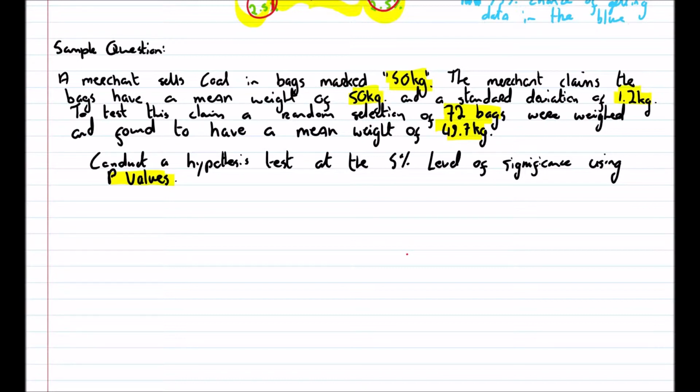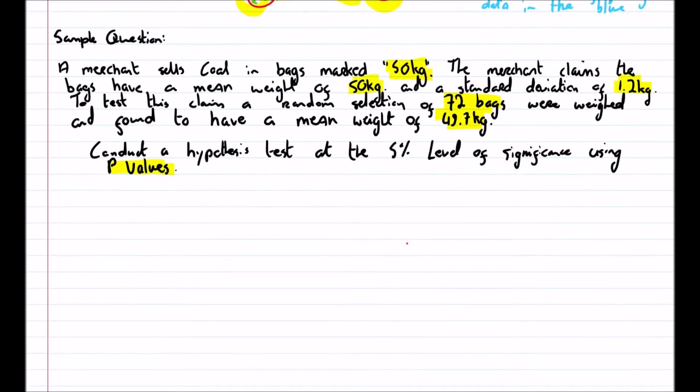Okay, well the first thing we have to look at is, is this a sample mean question or a population proportion question? So are we comparing 2 populations, or a sample against a population, or are we comparing a mean against a mean? If we're comparing a mean against a mean, well then it's a mean question. So let's have a look.